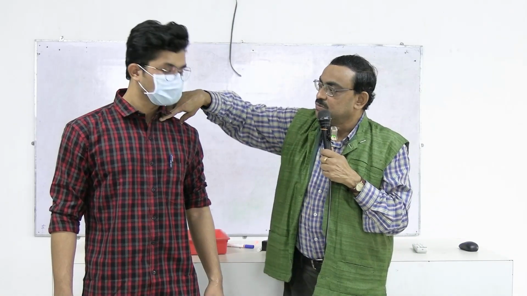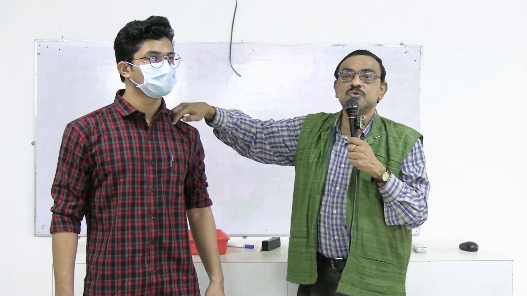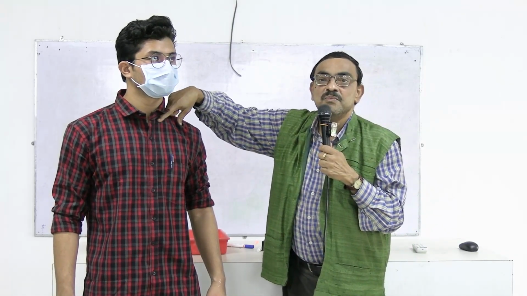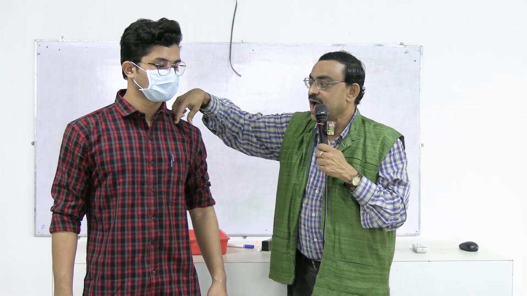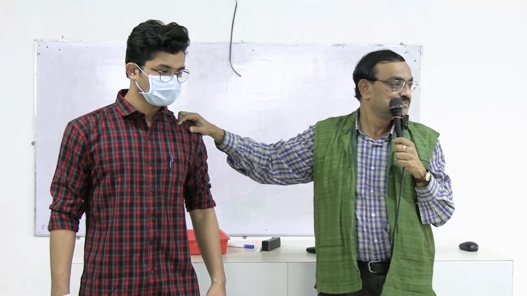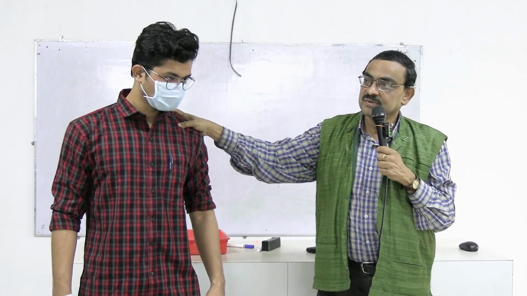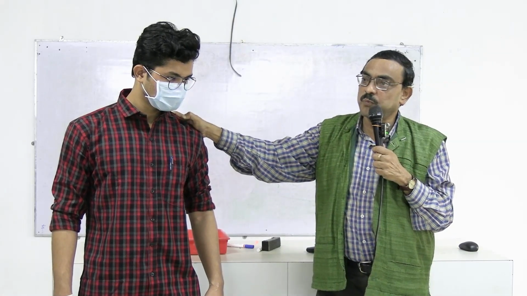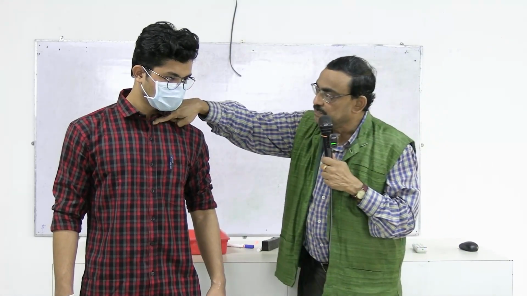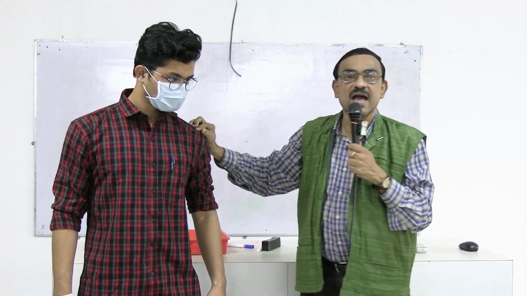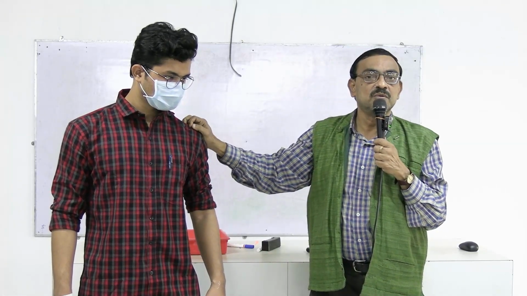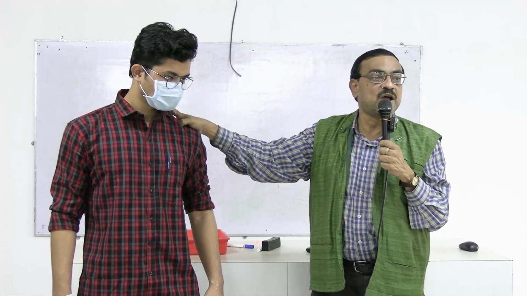We have to divide it into medial 3/4 and lateral 1/4. We have to put a point at the medial 3/4 and lateral 1/4, and search for this point first.